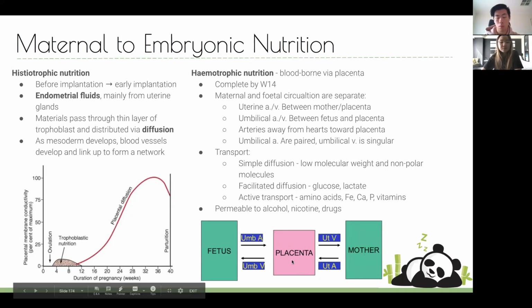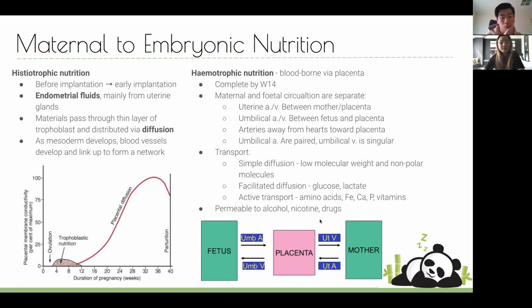Arteries always take things away from the heart, so they're always taking things to the placenta. It's also important to remember that the umbilical vein is singular, but there are 2 umbilical arteries. Transport is via simple diffusion, facilitated diffusion, and active transport. You've learned this all in first year, I think, so I won't go over that. It's also important to know that the placenta is permeable to alcohol, nicotine, and drugs.